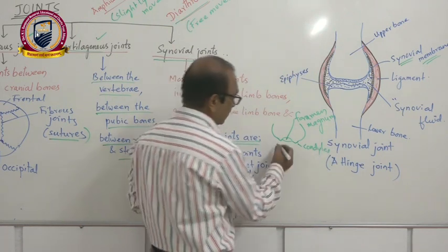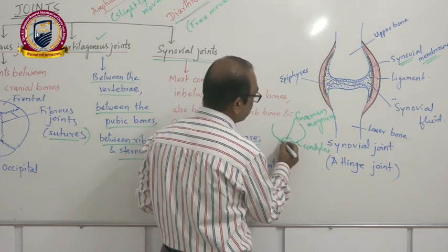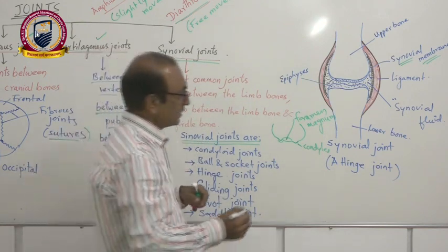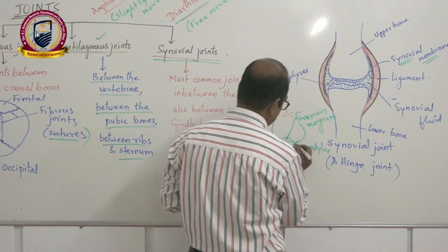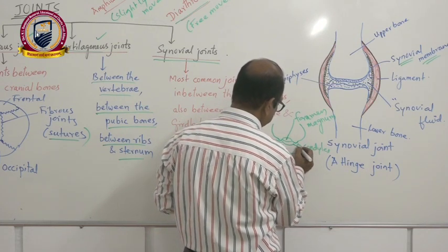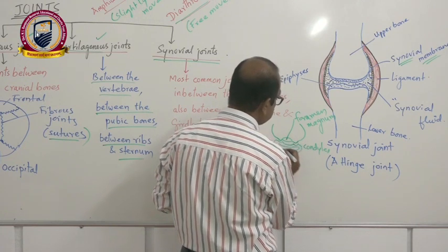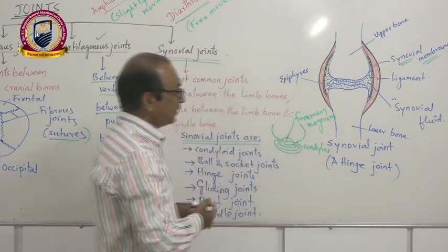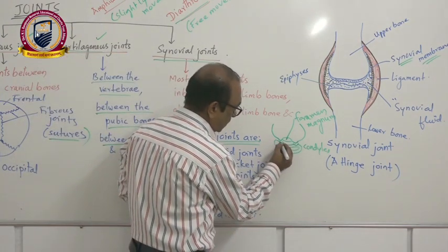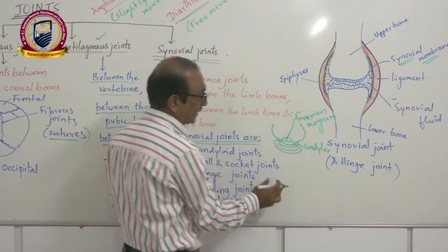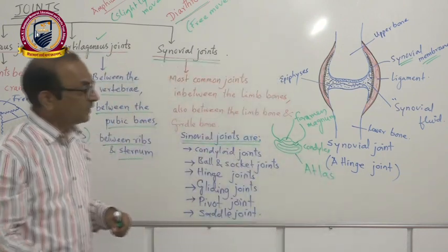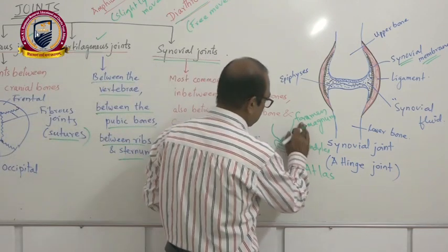And to this, the first vertebra, which is called the atlas, is articulating. The atlas has articulating facets. This first vertebra, which is ring-like, is fixed to the skull.